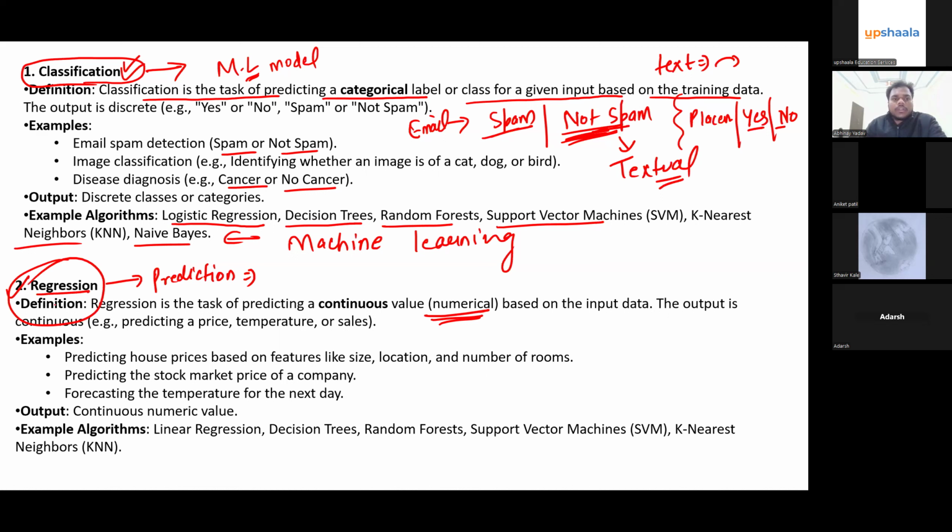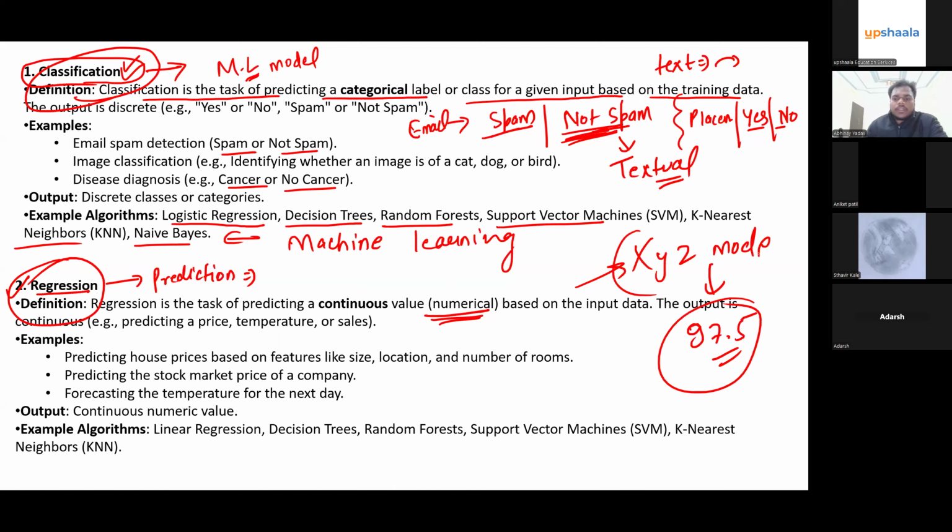And suppose the machine learning model gives the result in textual form. That means it is doing the classification task. Suppose you have some random model XYZ, and it gives the result 97.5. What kind of model is it?